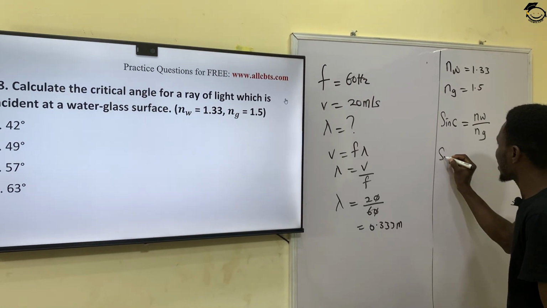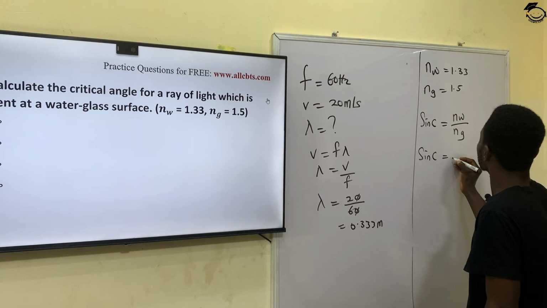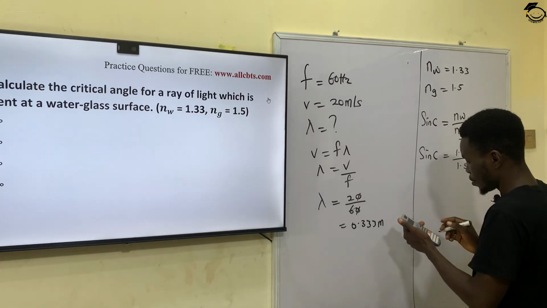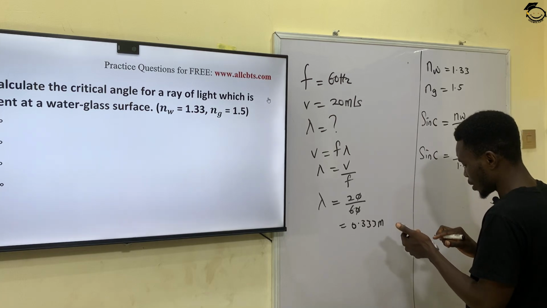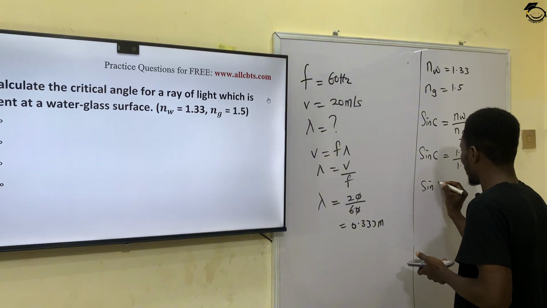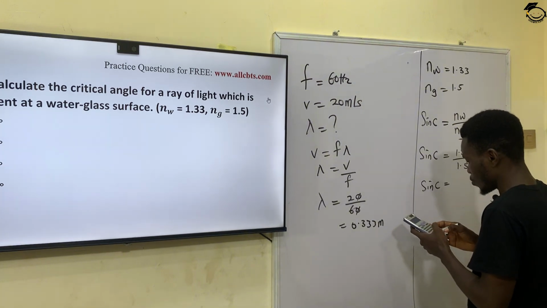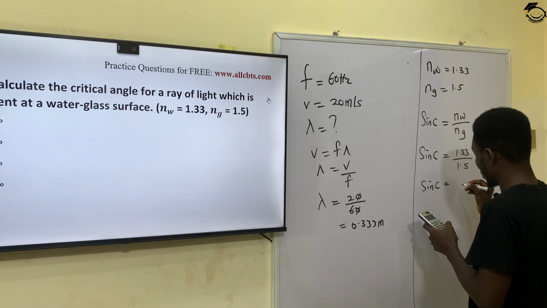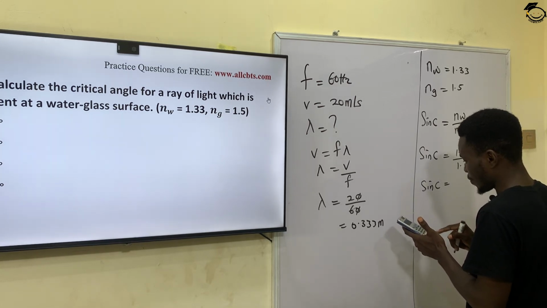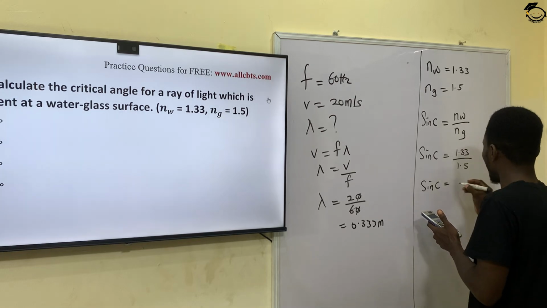So my sine of my critical angle is equal to 1.33 divided by 1.5.